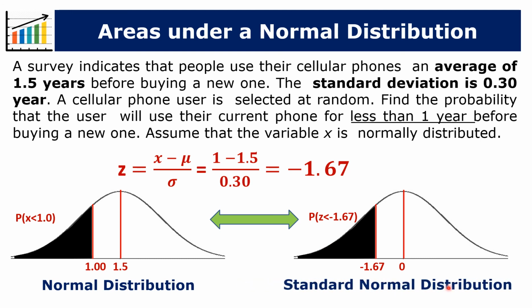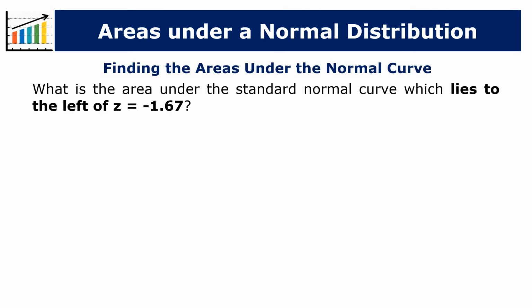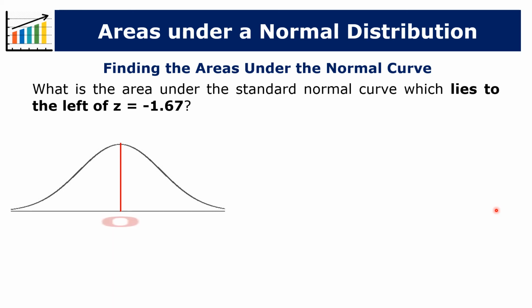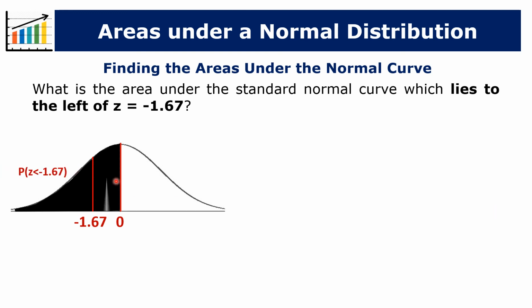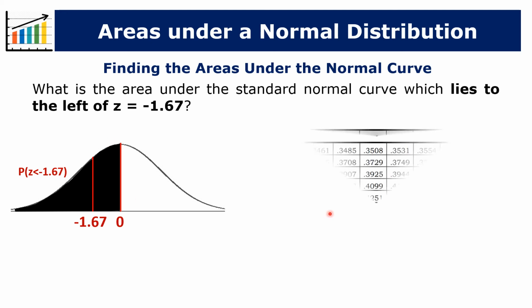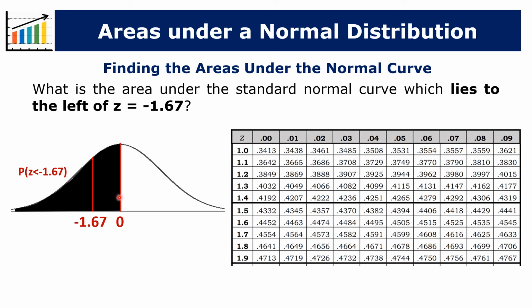Okay? And then, this is already the standard normal distribution for this problem. So, we can now use the z table to calculate the area of the shaded region. Again, we know that the total area of this half is 0.50. So, there's a need for us to find the area between 0 to negative 1.67 using our z table. Since that is negative 1.67, we can use positive 1.67 to find the area of this shaded region.